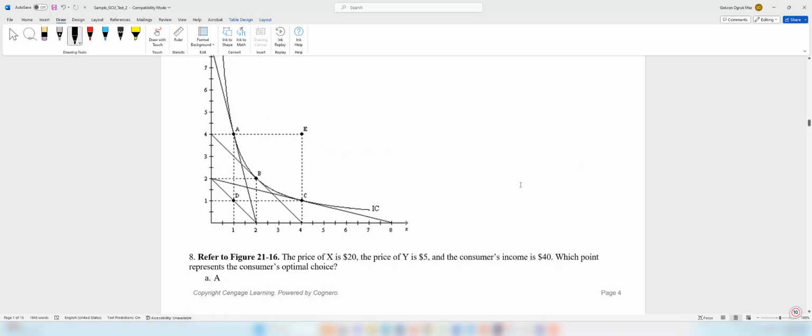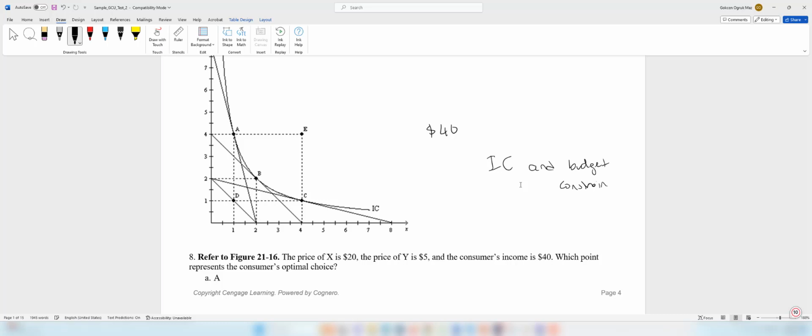The price of X is $20 and the price of Y is $5 and the consumer income is $40. Which point represents the consumer's optimal choice? So the optimal choice is the intersection of indifference curves and the budget constraint.